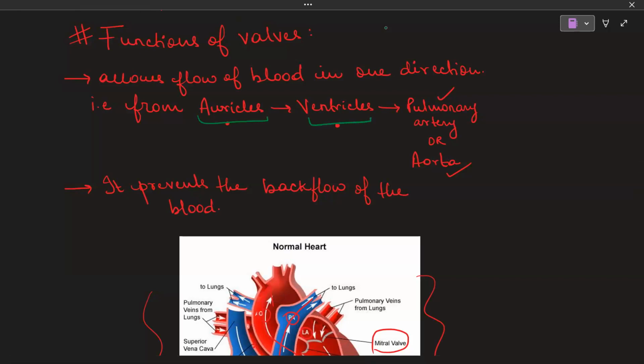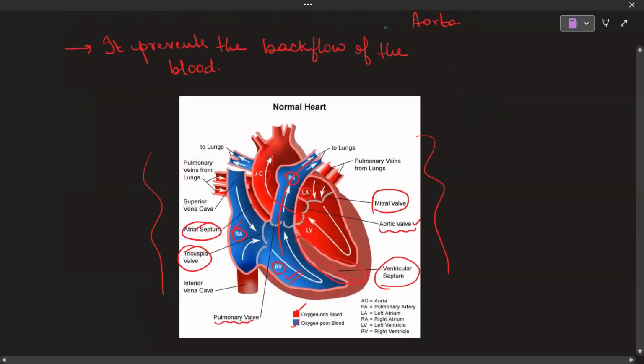From the ventricles it would flow into the pulmonary artery if it is the right ventricle, or into the aorta if it is the left ventricle. Only unidirectional flow will be there. And that is why valves are there, so that any backflow from the ventricles to the auricle is prevented with the help of these valves.